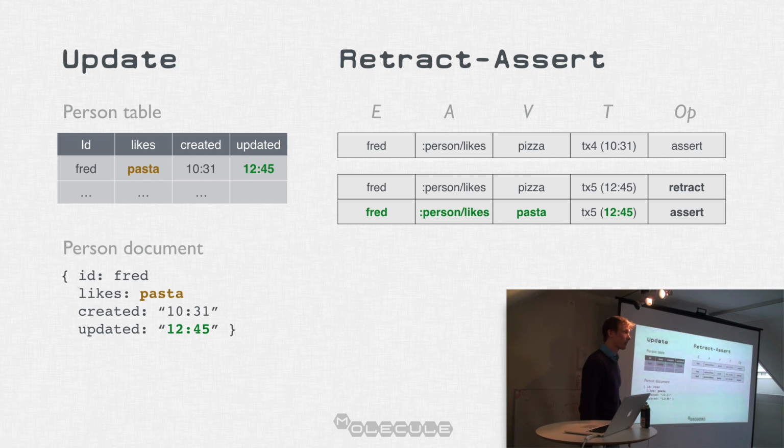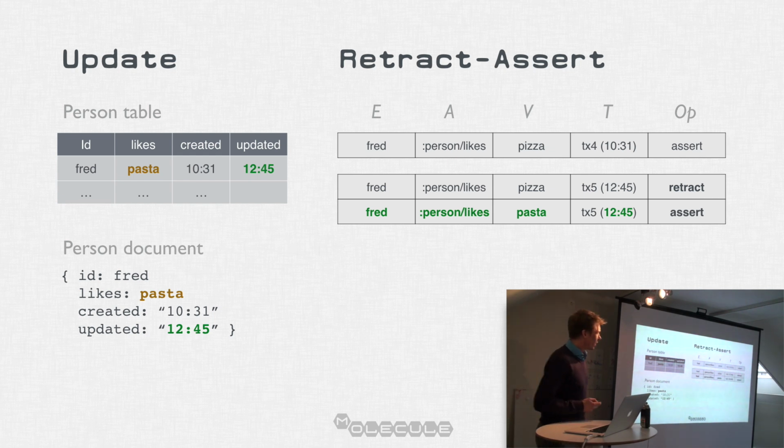Otherwise, you just override it, so the information of the past is just gone. If a person changed addresses 10 times, you don't have a clue what the addresses were before. And it's actually the same in a document. I don't know so much about documents, but I think it's the same, isn't it? You override, you create a new document with a new value, so you don't know the old value.